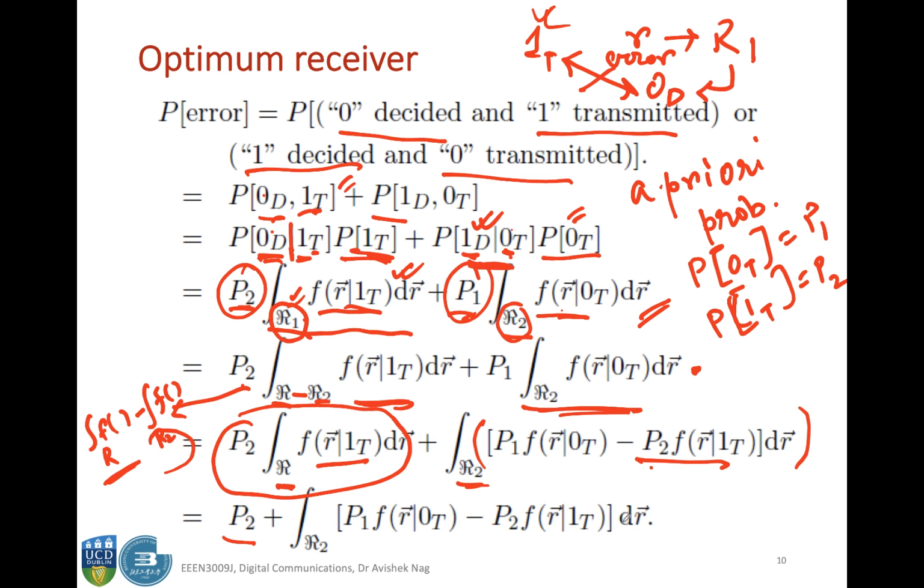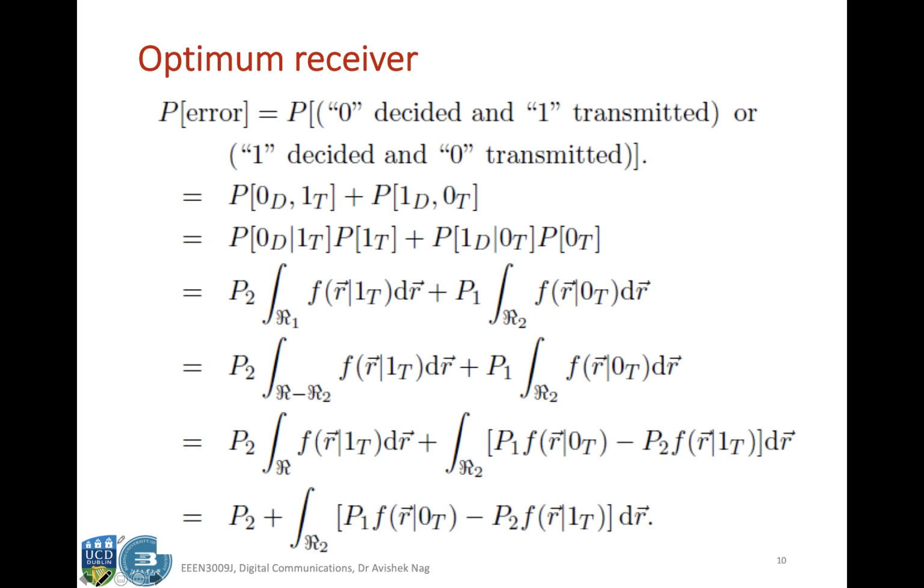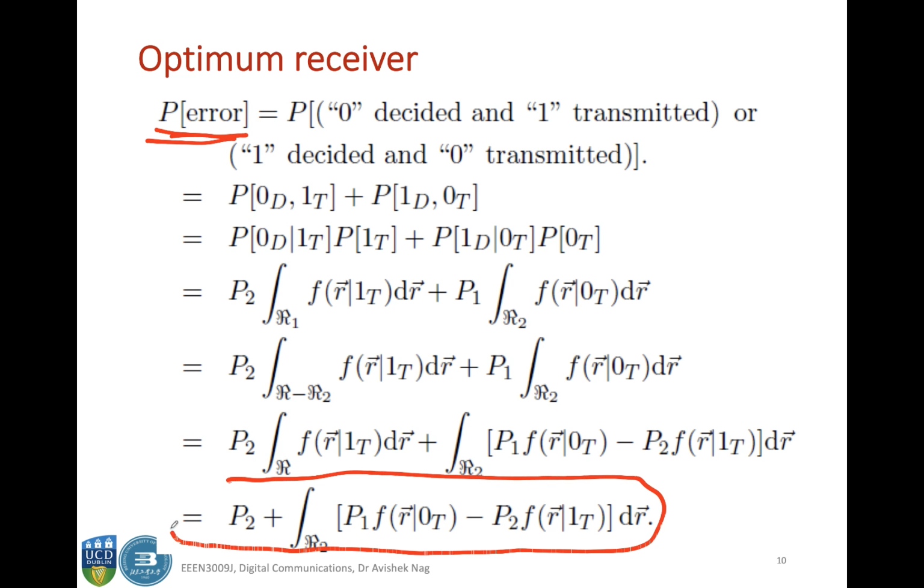So now let's see what is happening. Let's make this slide a little bit clearer. The probability of error, we started from here and we reached this expression. So let's analyze this expression.